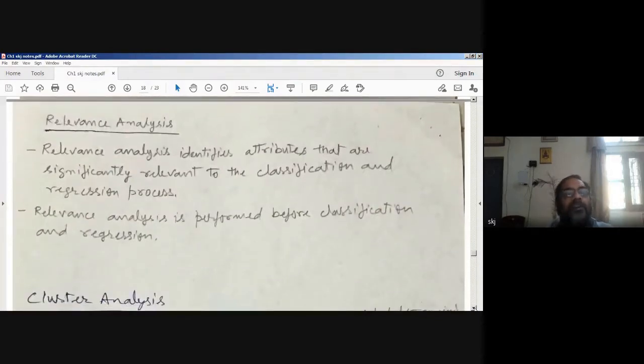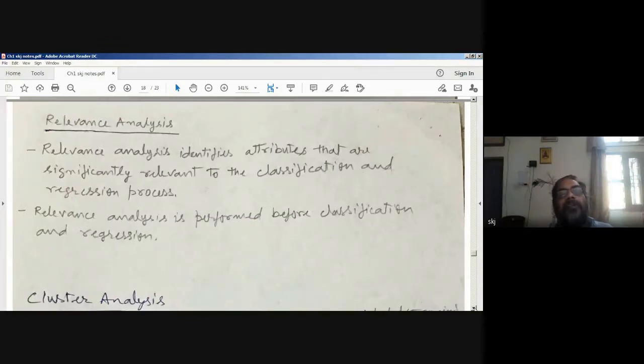We have one more kind of analysis called relevance analysis. Relevance means that something is relevant to me, something is directly required by me, or how one thing is of interest to another.